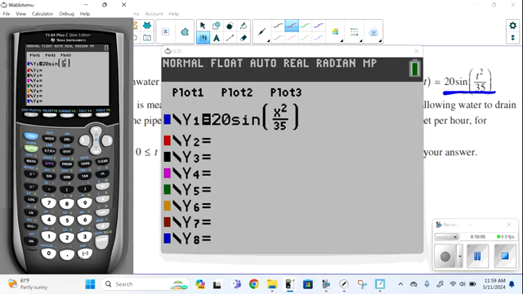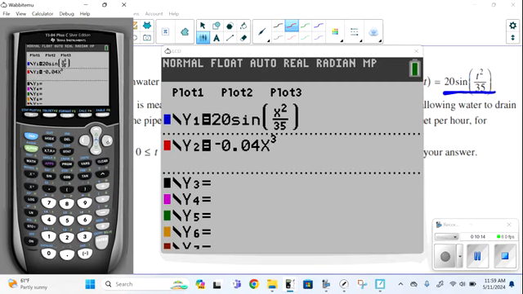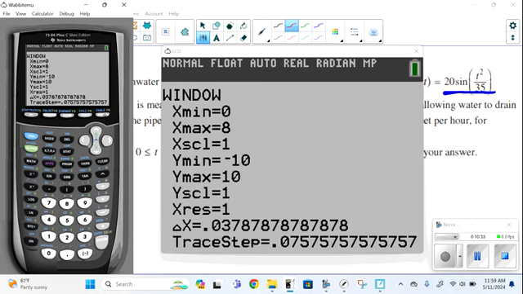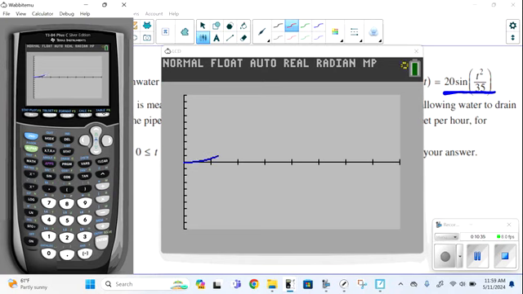And then, here we go, negative 0.04 x cubed, plus 0.4 x squared plus 0.96 x. In my window, I only want from time 0 to 8. Why would I want anything else? So I'm going to graph this. Here's the water coming in.